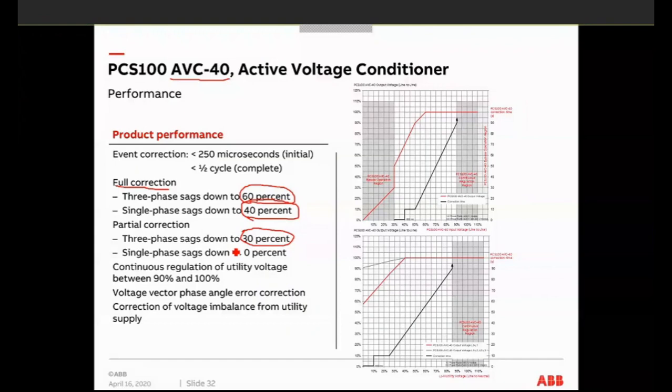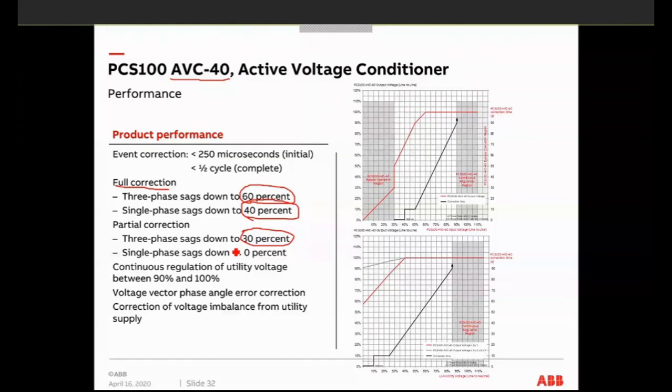So if you have a true load of 1 MVA, and you have this system of 1 MVA, it can guarantee you full correction at 60% remaining voltage.